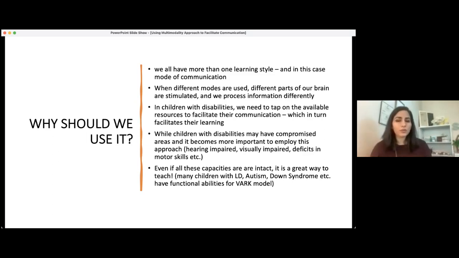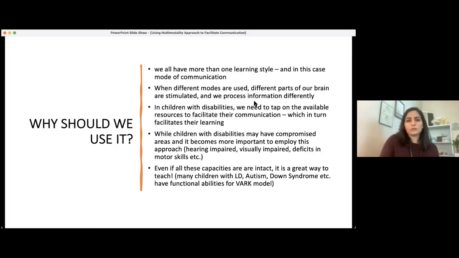So even with kids who have all these work compatible capacities available in their system, we still need to provide them with this multimodality and give them this toolbox or toolkit so that they can develop functional communication and learn things.